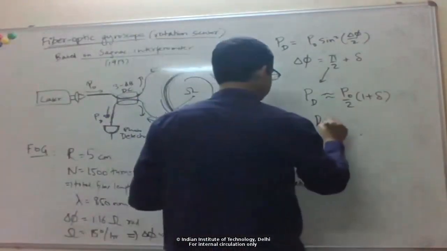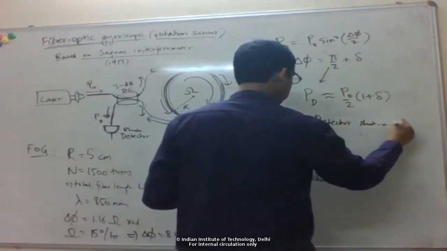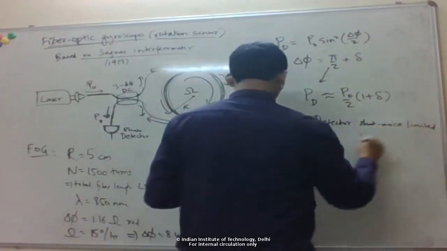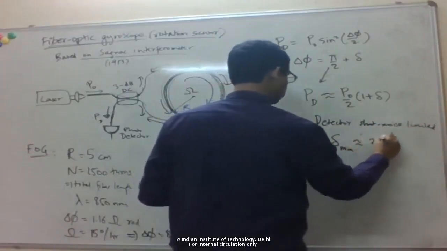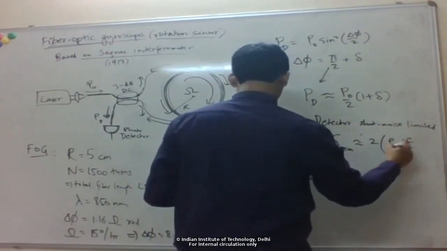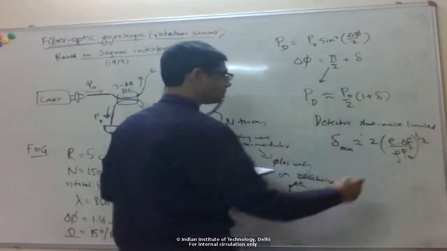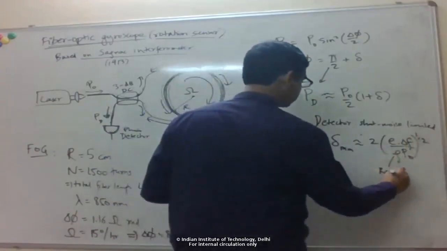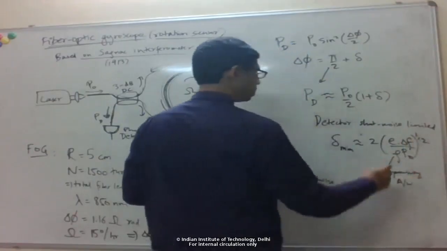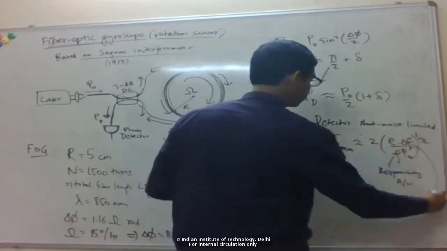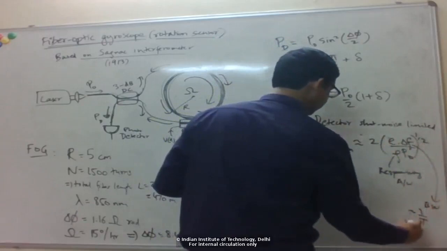And if we assume the detector to be shot noise limited, then we can calculate a minimum detectable phase shift, which is the same formula that we had for the Mach-Zehnder interferometer. Here rho is the responsivity of the detector, q is the electronic charge, and delta F is the bandwidth, the inverse of the averaging time.